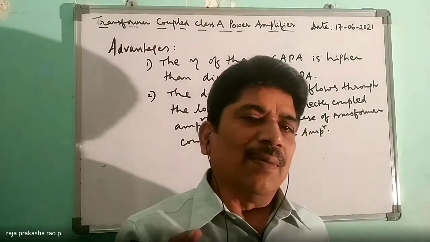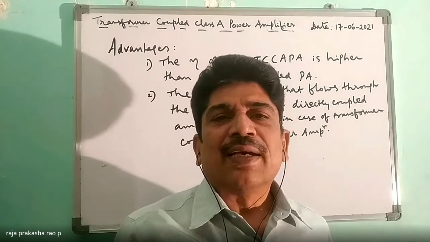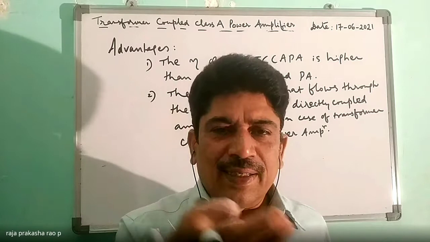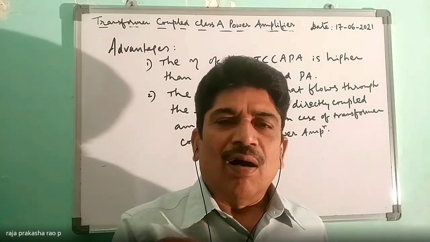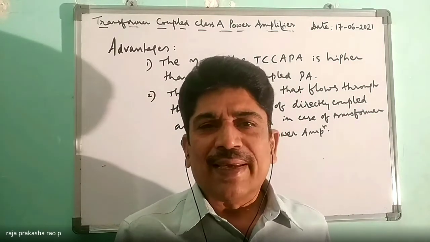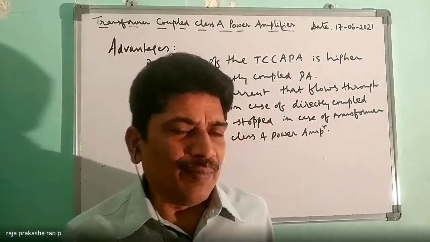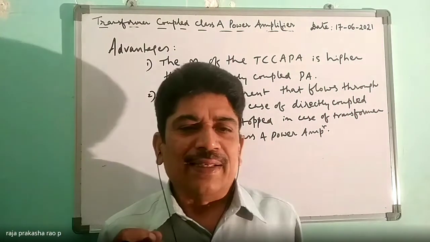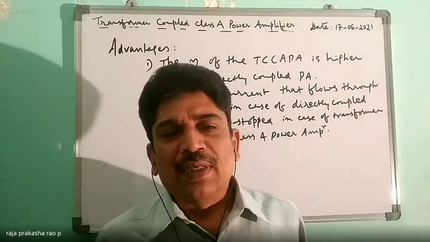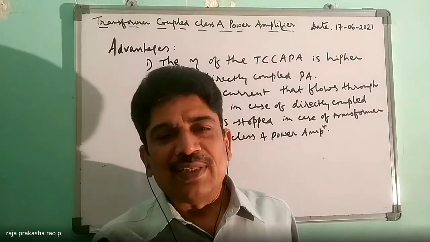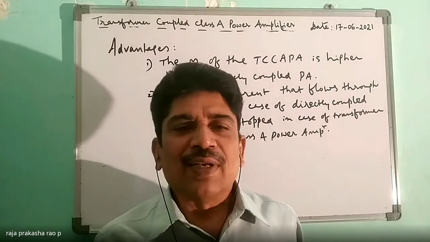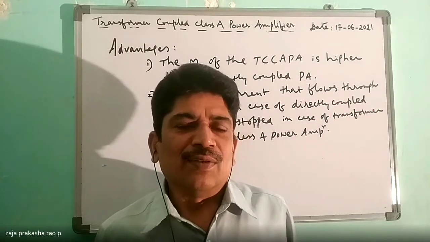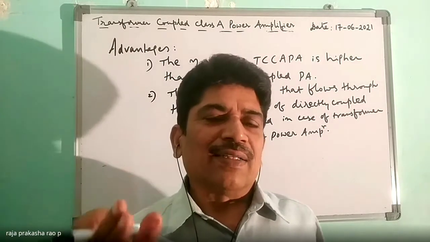In the directly coupled amplifier, RL is connected in the collector circuit, is it not? So the direct current will pass through this load resistance RL. Whereas in the transformer coupled power amplifier, RL is not there in the collector circuit. It is connected to the secondary, not touching the collector circuit at all.